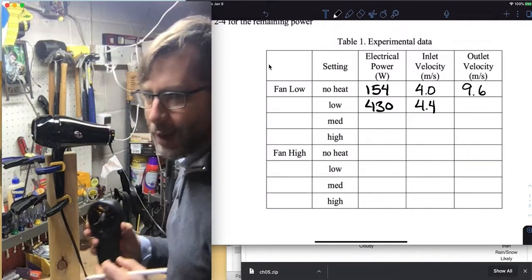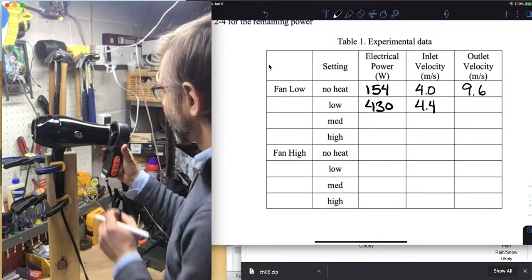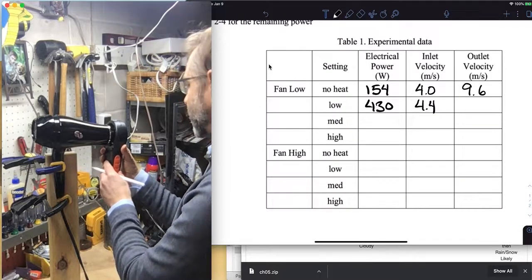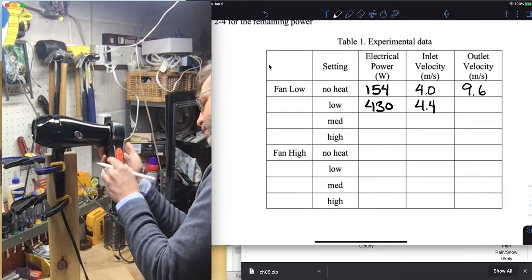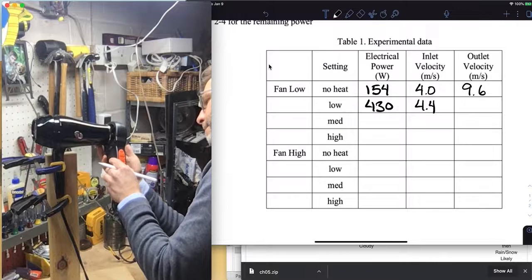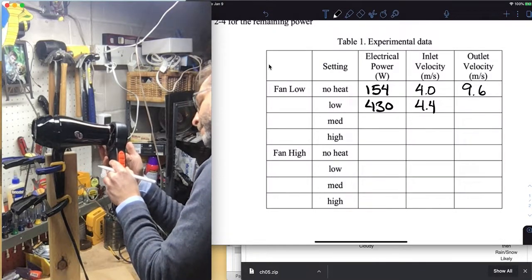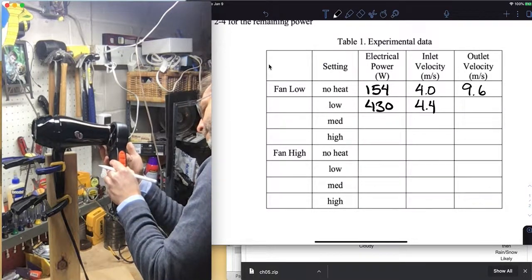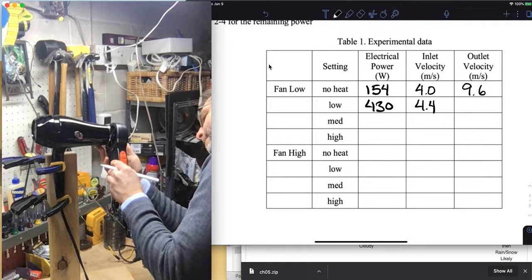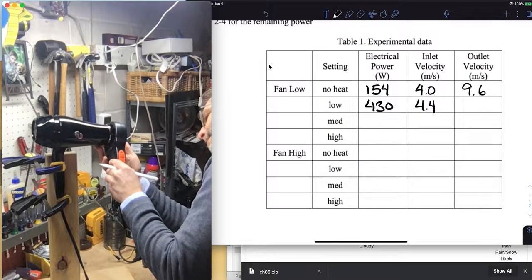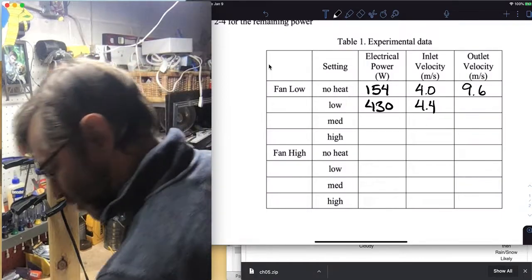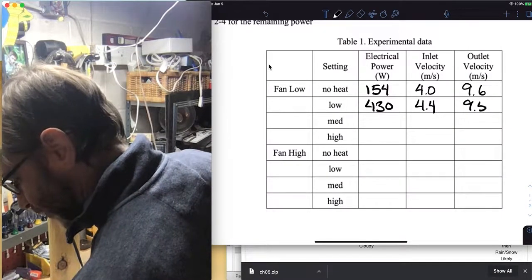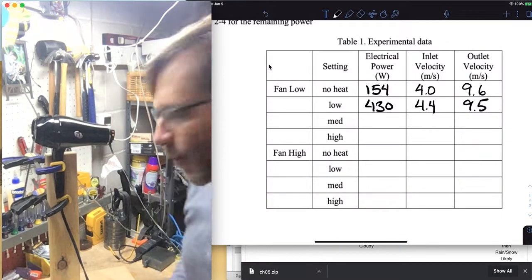So velocity maybe not that big of a difference, but we're going to see. So 9.5. Okay, now we're going to go to the next heat setting.